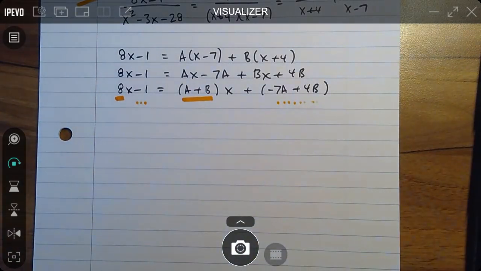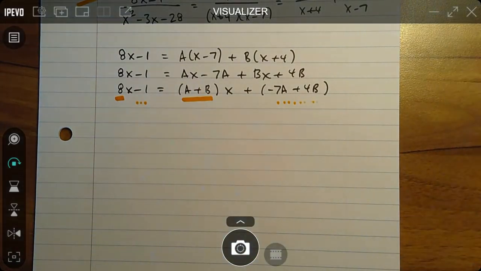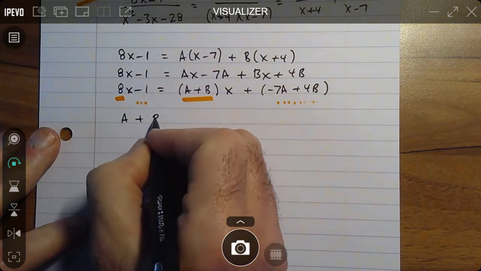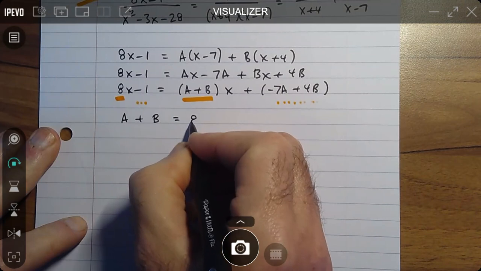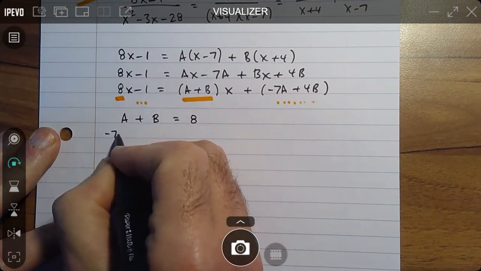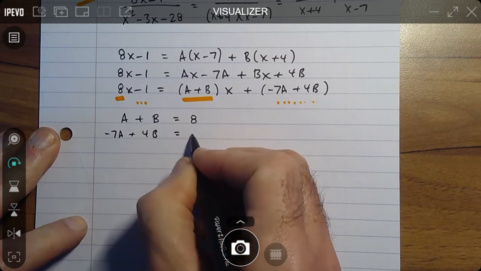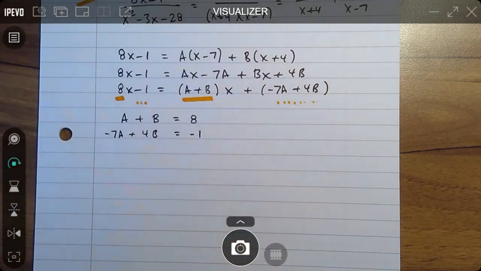So I actually do have two statements here. I could say that a plus b is 8, and that negative 7a plus 4b is negative 1. So there I have a 2-by-2 system of equations. I got two true statements relating a and b, and now I can solve.